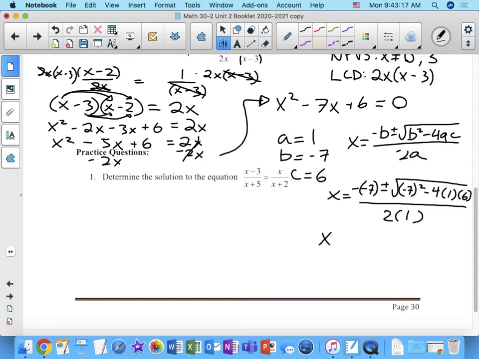So let's figure out how much is that. -7 squared, maybe do it off to the side. Right, you could do that on your calculator. Just make sure you put the brackets in as you see them, if you want to.